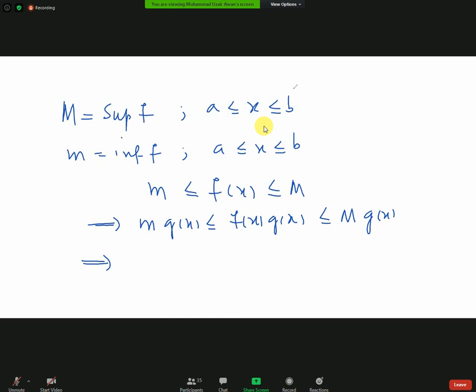Since it is given that f is continuous, and continuity implies integrability, and it is also given in the statement of the theorem that g is integrable, so taking the integral on each side.